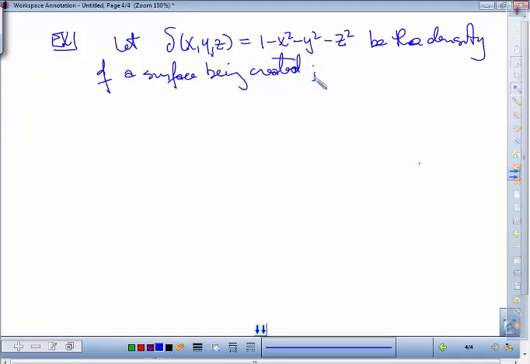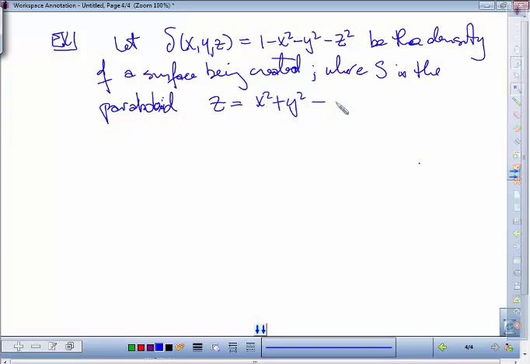The surface S is the paraboloid z equals x squared plus y squared minus 1, below the xy plane.